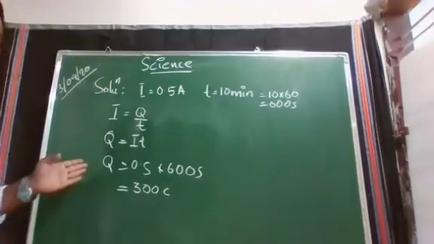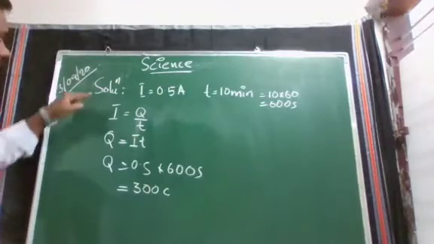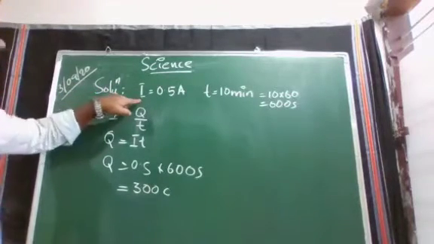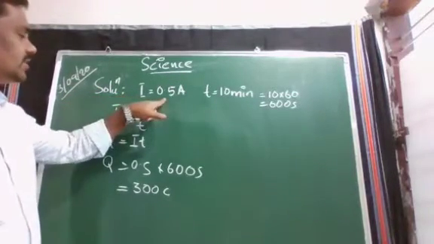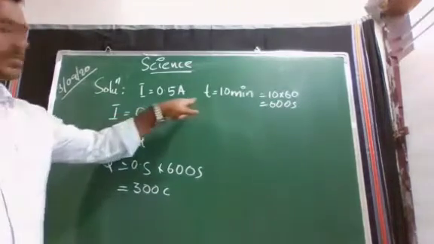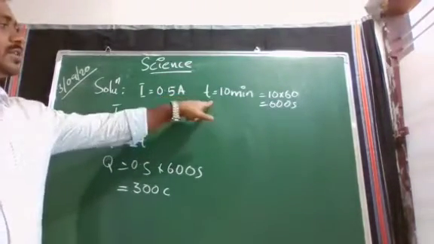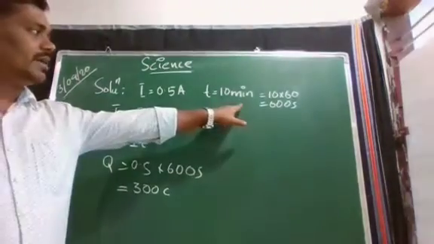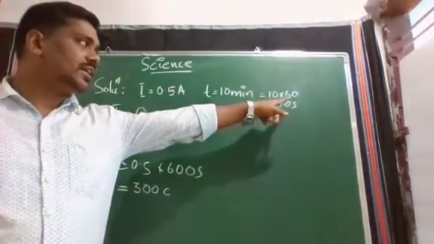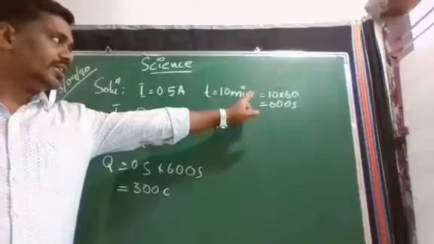Just see the solution. Current I is given, which is 0.5 ampere. T is given as 10 minutes, that is 10 into 60. We have to convert it into seconds.